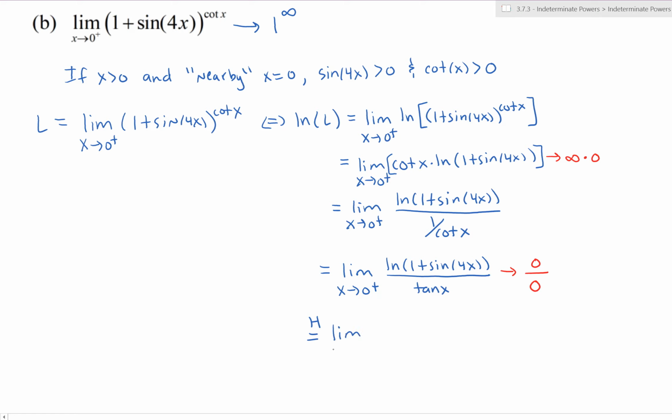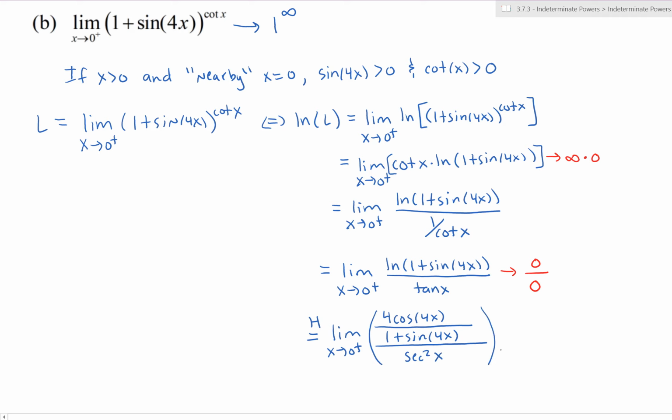And this is going to be the limit as x goes to 0 from the right. In the numerator, chain rule, the derivative of the inner function is going to be 4 cosine of 4x, all divided by 1 plus sine of 4x. So that's all the derivative of the numerator. And the derivative of the denominator, the derivative of the tangent function, is the secant squared function.